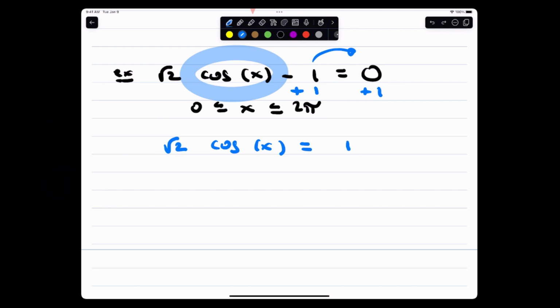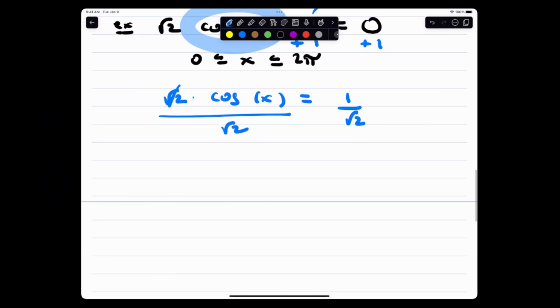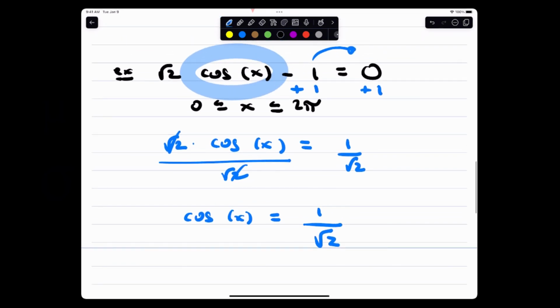Sorry. We have to solve for cosine. What do you guys do now? Divide by the square root of 2. So now you divide by the square root of 2. Cosine x is what? 1 over the square root of 2.